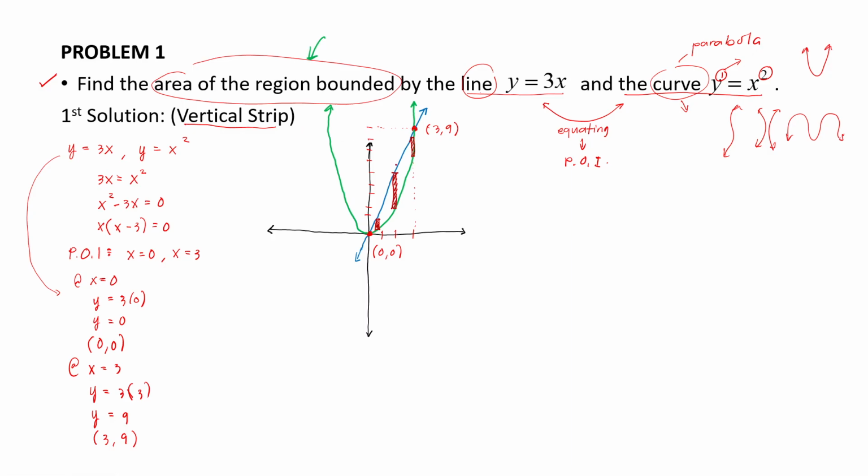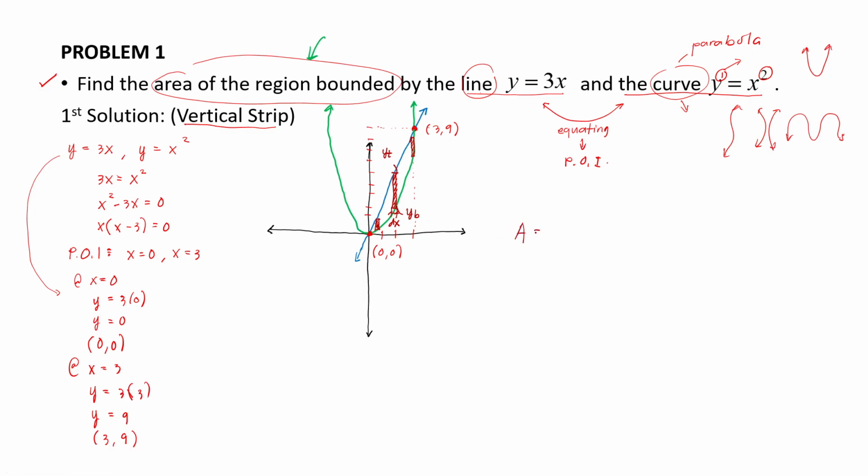So y top is the blue portion. Y bottom is the green graph. And then the thickness would be dx. So upon getting the graph, all you have to do is just to use the equation, di ba?